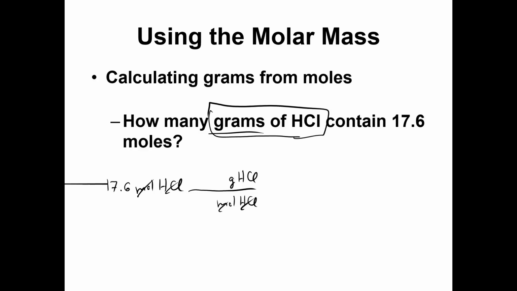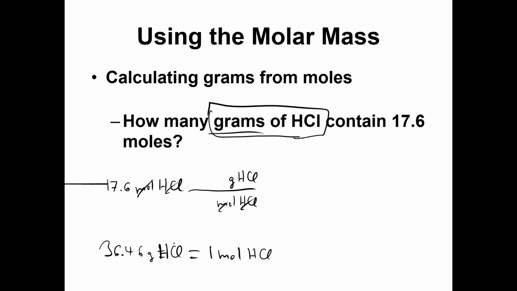Well, the conversion factor is simply that of the molecular weight, which we can look up. Hydrogen is 1, chlorine is 35.45. So the molecular weight of hydrochloric acid is 36.46 grams. 36.46 grams of HCl equals 1 mole of HCl.